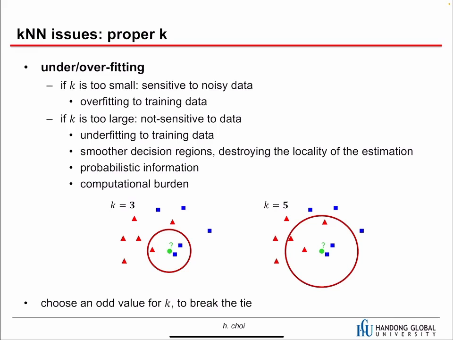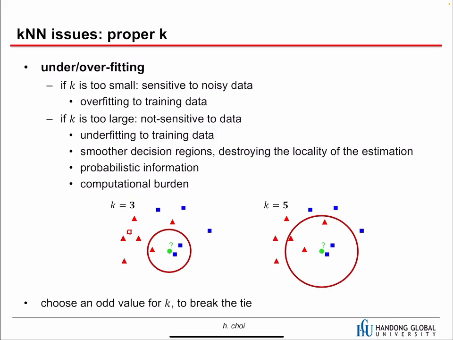Another issue is that we have to define k in advance, and depending on this k value, we might have an underfitting or overfitting problem. If k is too small, then it is sensitive to noisy data. Let's say in this case we have a training sample like this. This one is blue.